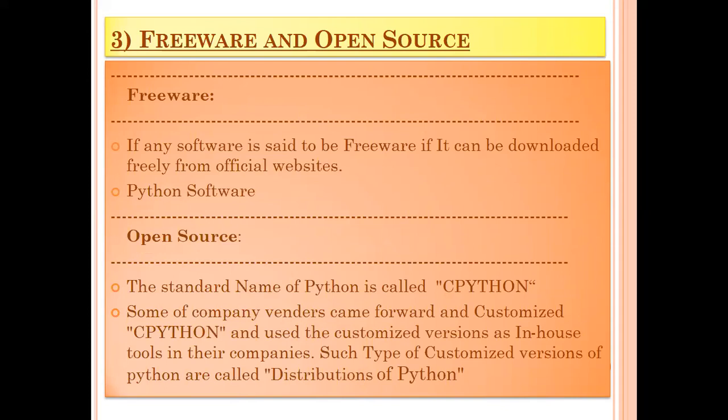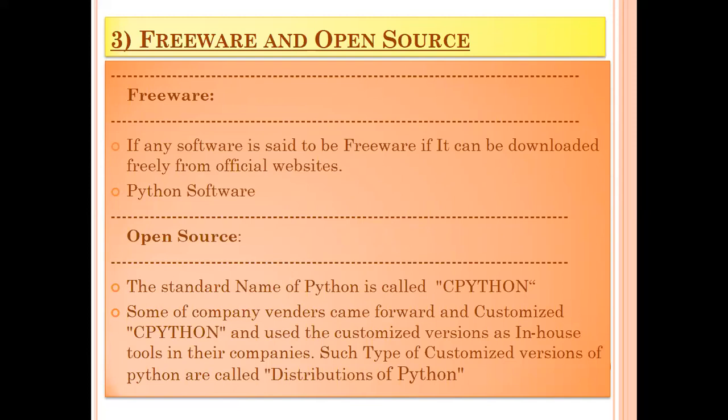It is freeware and open source. Now, what do we understand by freeware? Any software is said to be freeware when it can be downloaded from any website freely, from its official website, like the Python software.